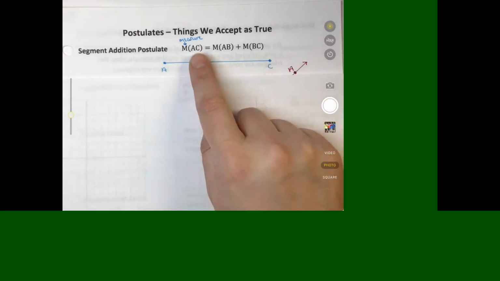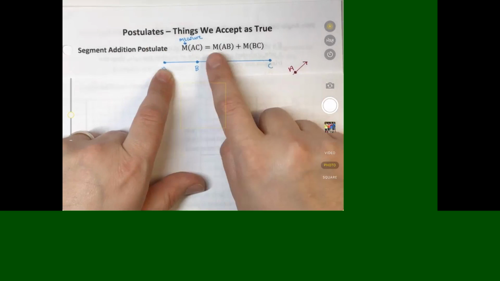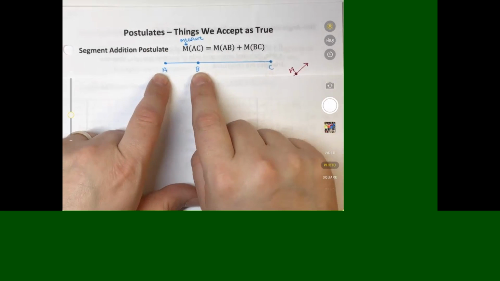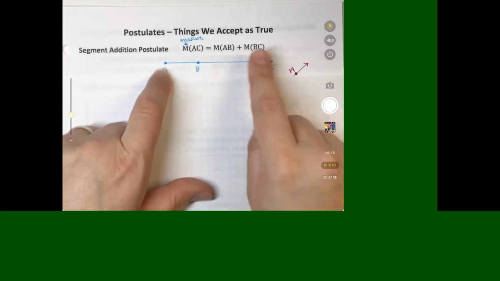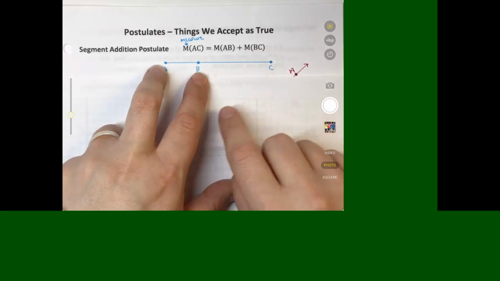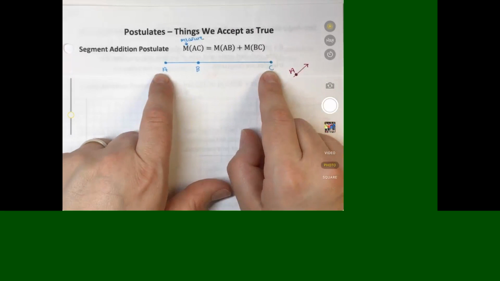So this big long line segment from A to C is equal to the distance from A to B, plus the measure from B to C, right? So think about that. These two pieces together equal the entire line segment, right?